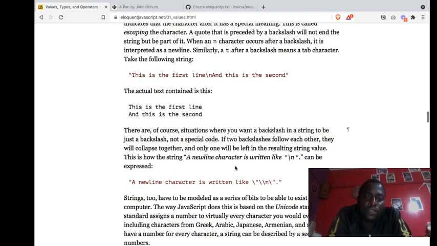This is how the string "A new line character is written like \n" can be expressed. It will be written in code as open quote, a new line character is written like, backslash, open quote, backslash backslash n, backslash quote, full stop, close quote. Very cool.